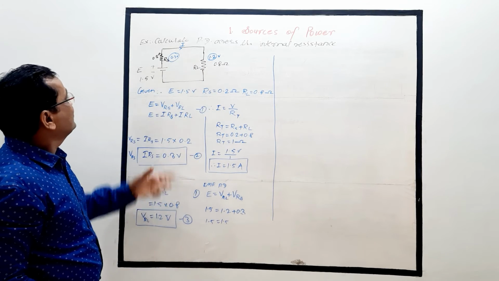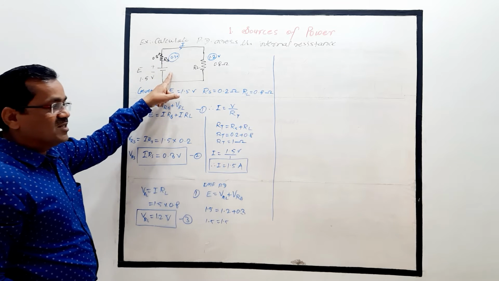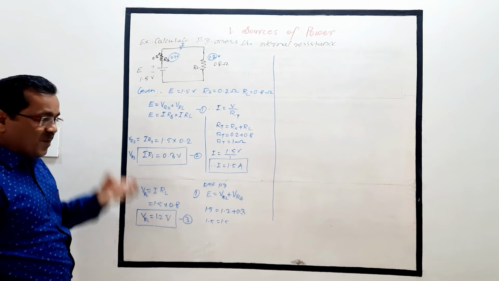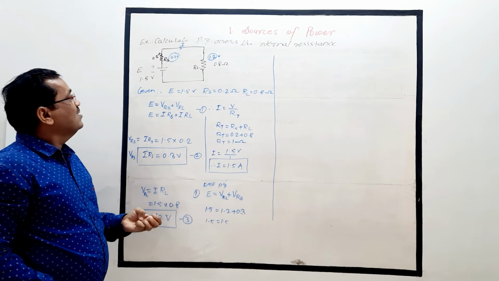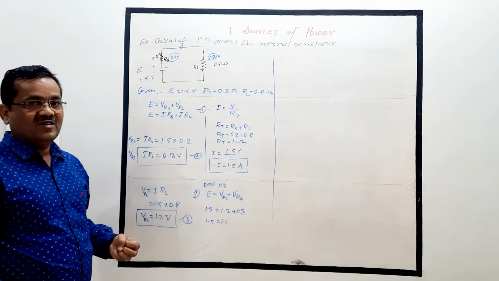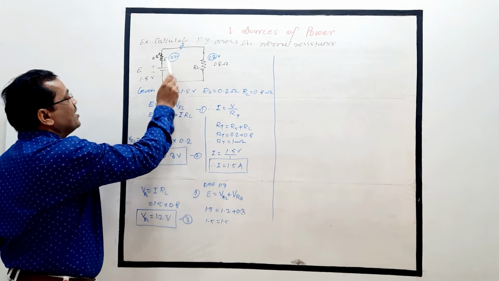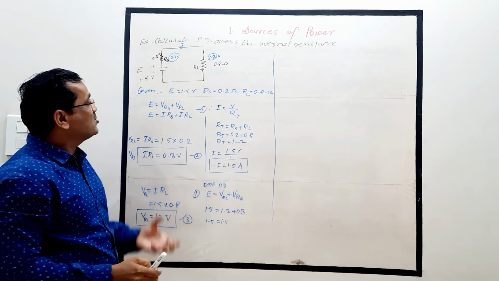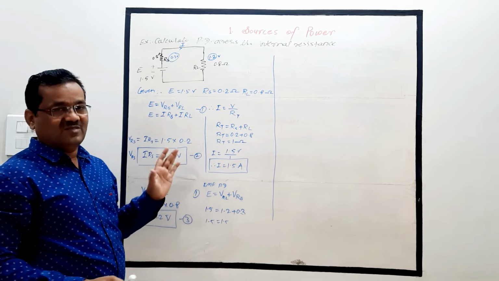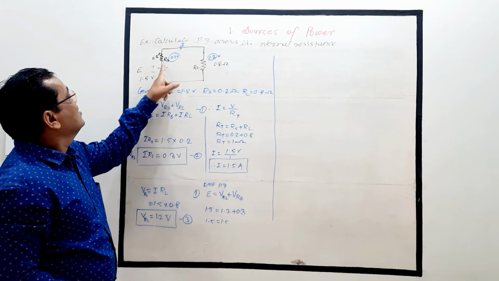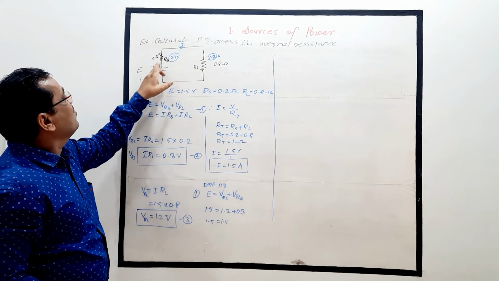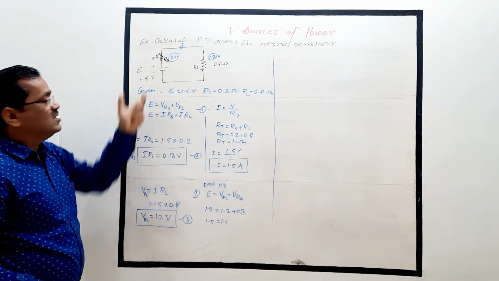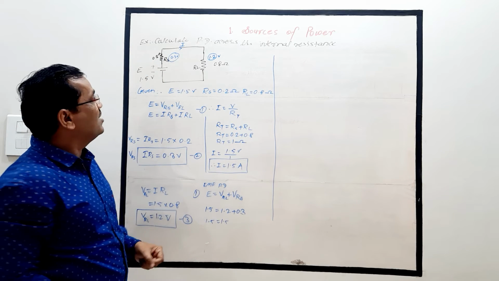That means the internal resistance is dropping some voltage itself. So this is what leakage of voltage is. Some voltage is dropped within the cell itself. That is the potential drop across this source resistance or internal resistance.